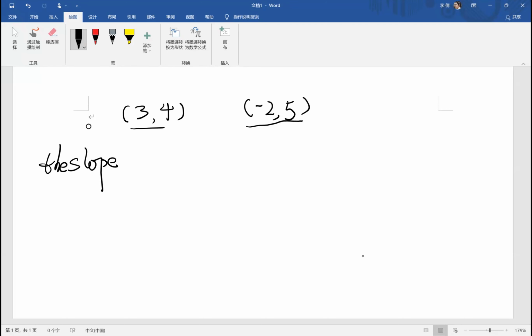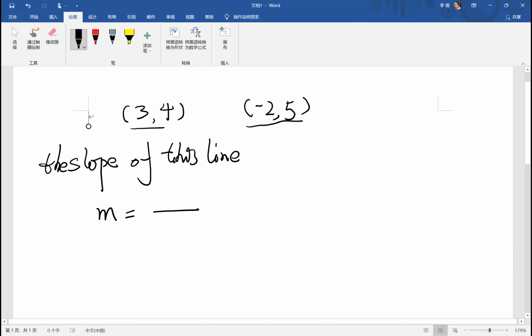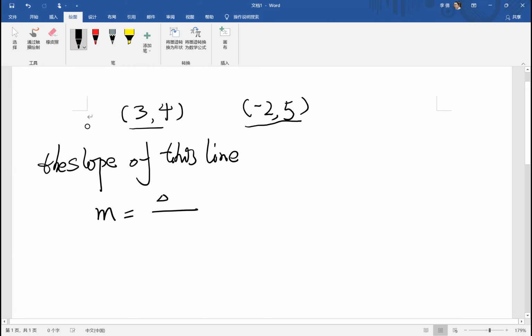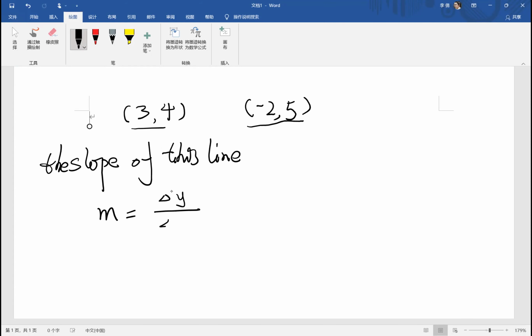We need to compute the slope of this line, and the slope will be m, and m is equal to delta y over delta x. The delta y can be computed by 5 minus 4, right?